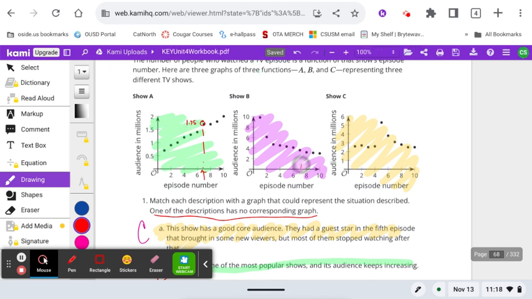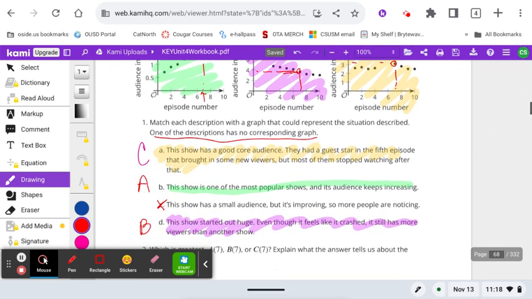Up here, episode 7 is at 4 or so. Here, episode 7 is at like 3.5, or maybe not even, maybe it's more like 3 or 3.1. Either way, episode 7 of show B is definitely the highest.